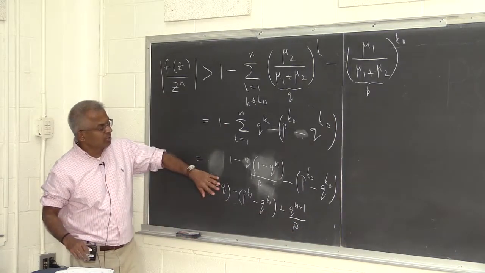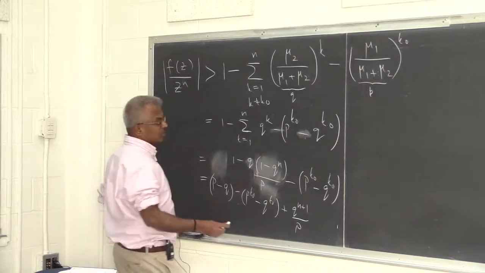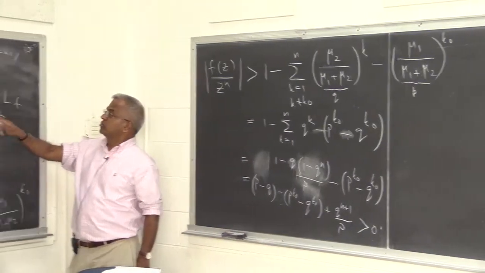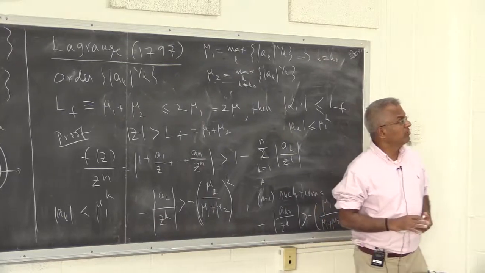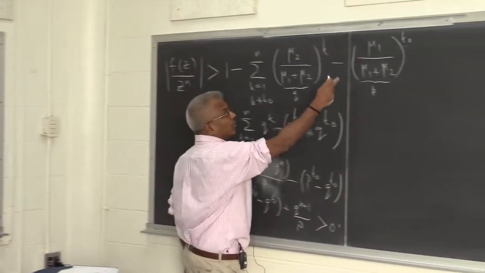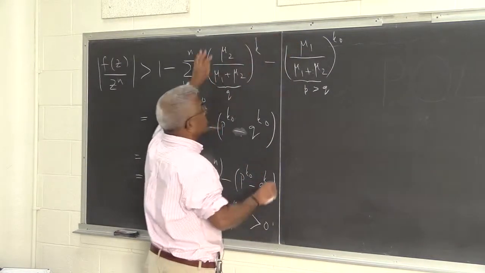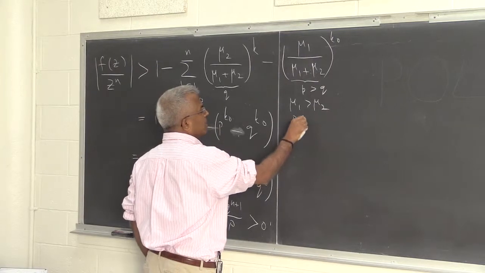So if we can show that this quantity is greater than this, then we are done, because then this is going to be positive. And that is true because, if you go back and see what we defined p, p is greater than q because mu1 is greater than mu2. We had mu1 greater than mu2, so p is greater than q.